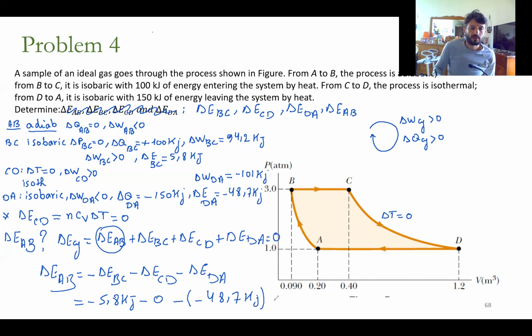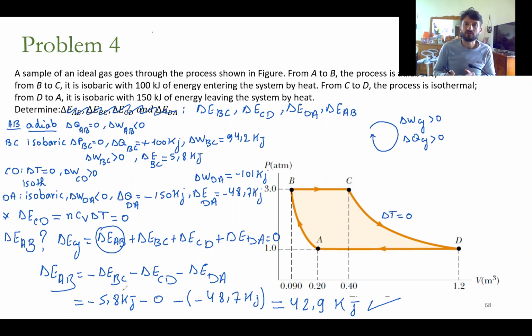Finally, we get delta E AB equals 42.9 kilojoules.